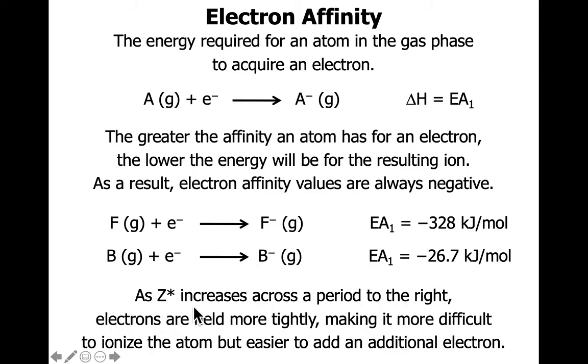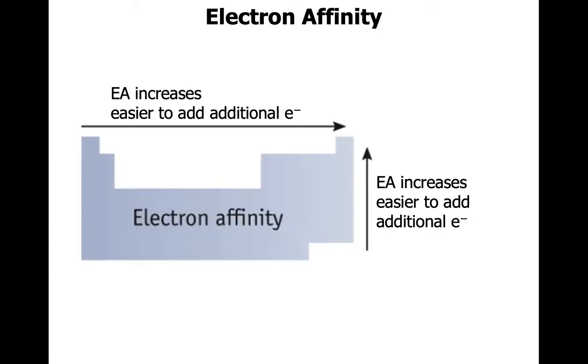Okay, as the Z effective increases from left to right, the electrons are more tightly held, making it more difficult to ionize an atom, but easier to add an electron. As we go from left to right, it gets easier to add an electron, and harder to take one away.